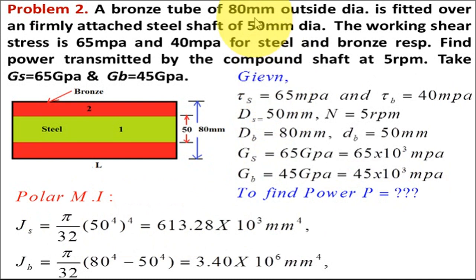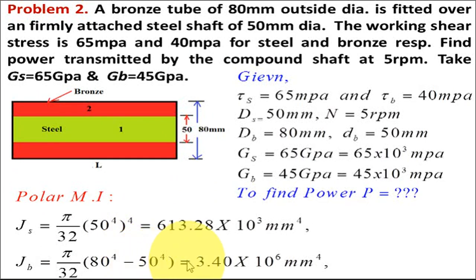Now using the given diameters, initially you have to calculate the polar moment of inertia. So J_S is equal to pi by 32 d raised to 4, that is 50 raised to 4, because S stands for steel, the middle one. And B means bronze, it is hollow, so external 80, internal 50.